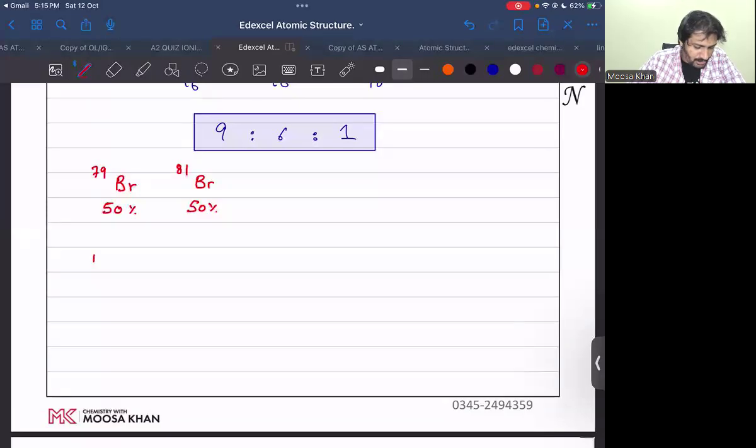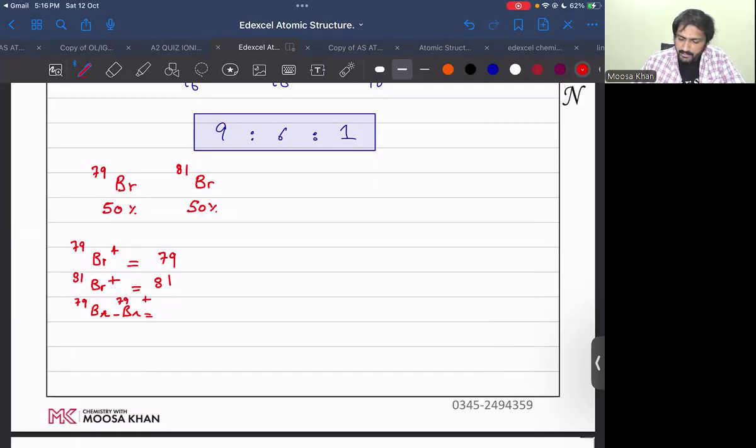If we enter a sample of bromine into a mass spectrometer, we can get one peak with the mass number 79 and another peak with the mass number 81, right? But we may also get the molecular ion peaks. If the bond between these bromine atoms does not break, we get a molecular ion peak with both isotopes having the mass number 79, so it would be 79 into 2, which is 158.